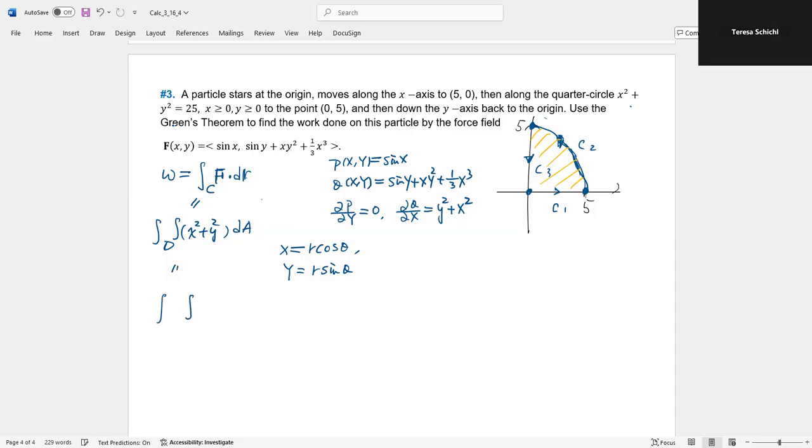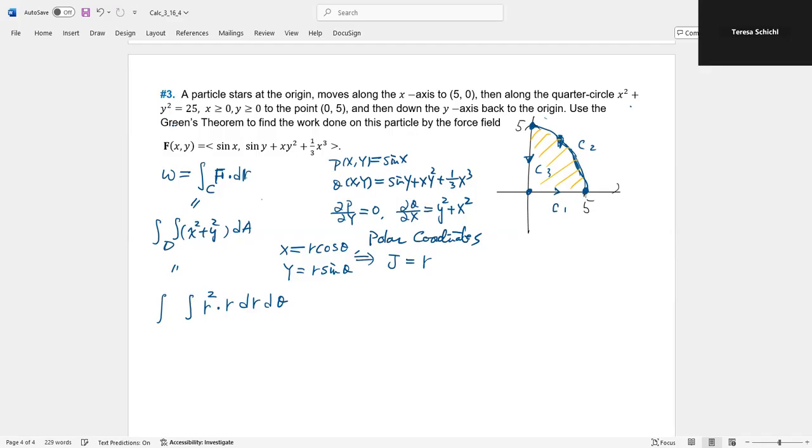So I change it to polar, which is easy to manipulate. Remember x squared plus y squared equals r squared. In polar coordinates, what is the Jacobian? The Jacobian is r. So now I multiply by r and then dr d theta.